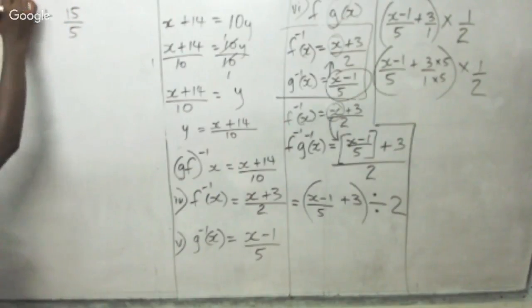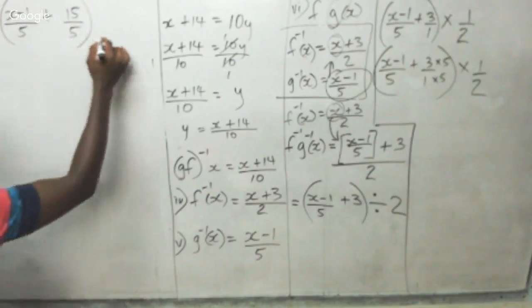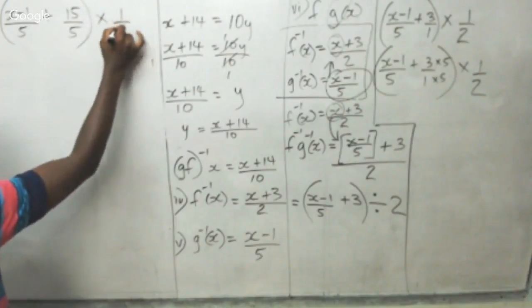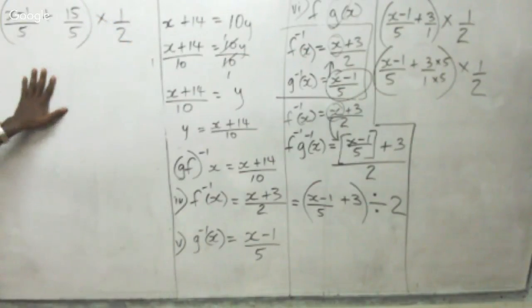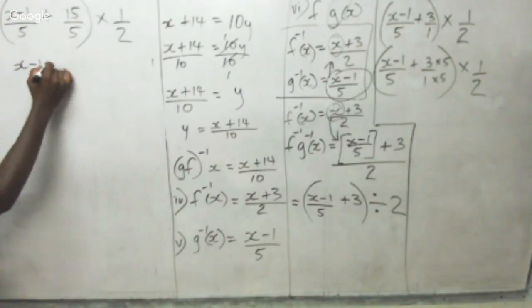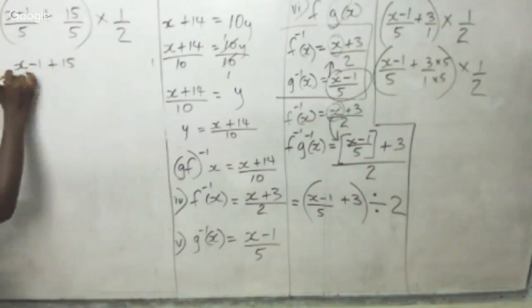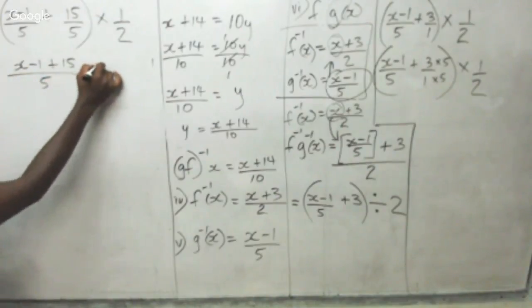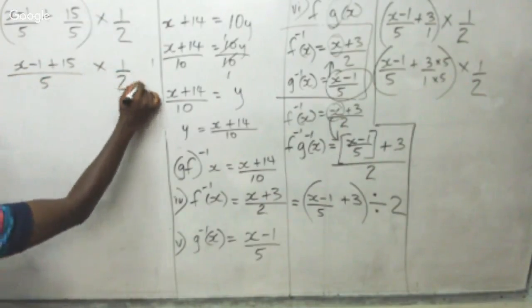Are the denominators the same? Since the denominators are the same, what can we do? Just work with the numerators. So this plus that. So it's going to be x minus 1 plus 15 out of 5, times a half.